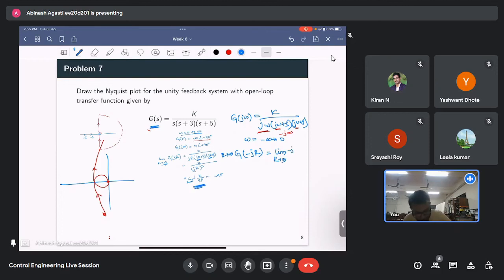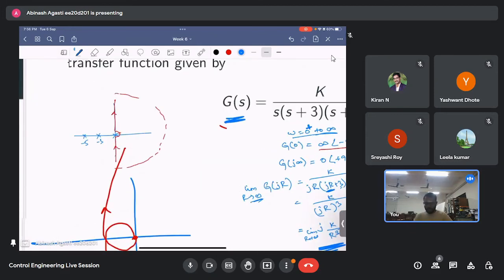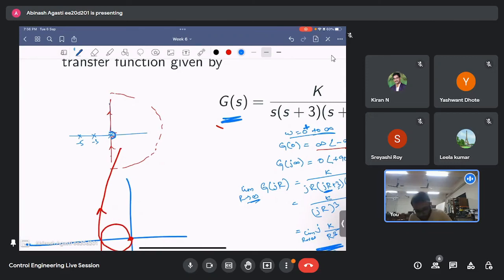So we'll have minus j k by r cube. So this is 0 at an angle minus 90 degree. And for omega equal to 0, it will be the same thing, because at 0 it will be the same. So that will give us infinity at an angle. One thing to note here is that we are starting from some 0 plus, because there is a small circle that circumvents the pole at origin. So this part starts from some 0 plus.